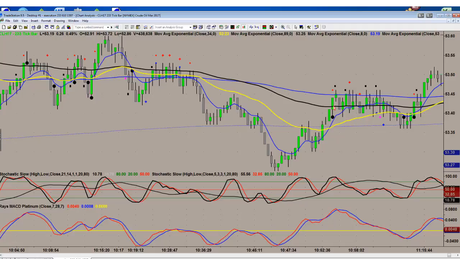Again, where did that occur? That dot is letting me know I am getting that potential setup right at 89. I'd like it to be above it. And sure enough, here come the prices having a little bit of a problem because we have a tremendous amount of resistance. Again, the 89 is now getting flat.